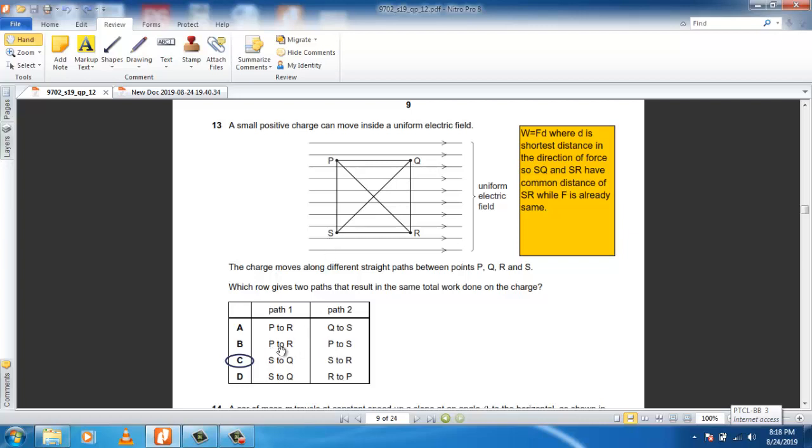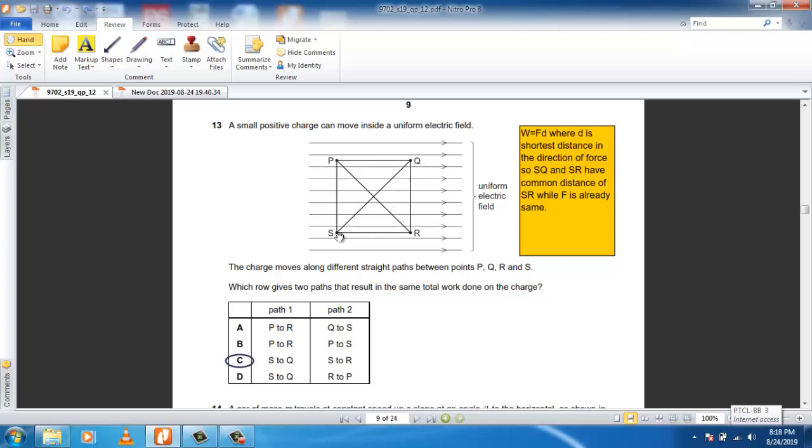Path 1 is P to R and path 2 is P to S. No, they can never be the same, because for P to S no work is done. It's just the same thing because the displacement is 0 along the electric field.